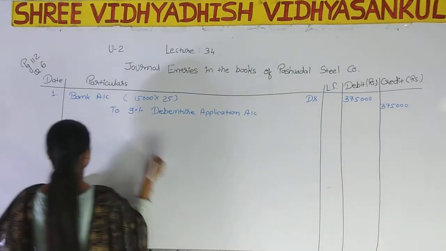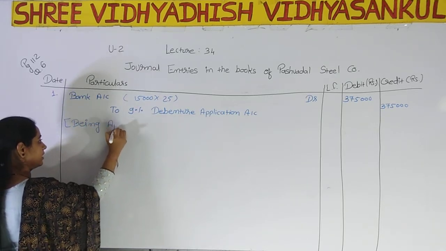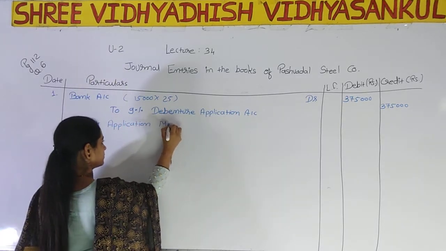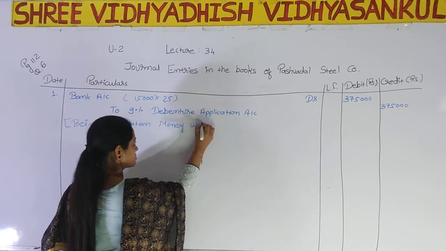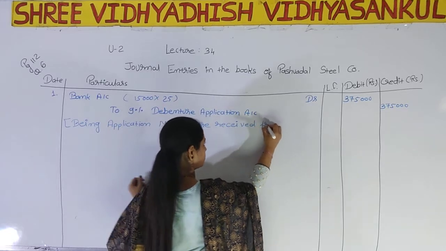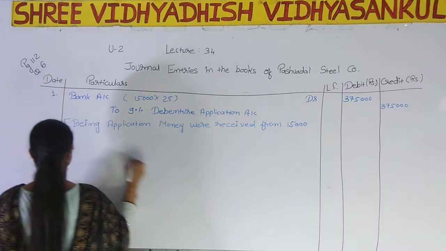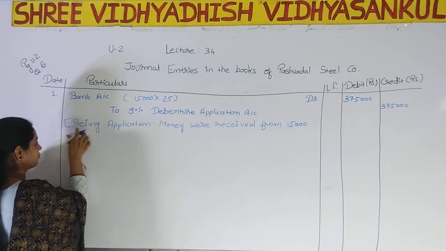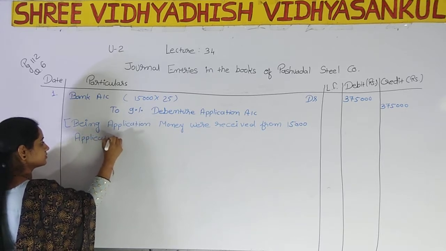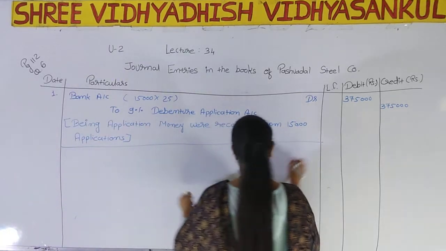In the bracket we have to write: Being application money were received from 15,000 debentures, 15,000 applicants or applications. Bracket over, underline, leave one line.